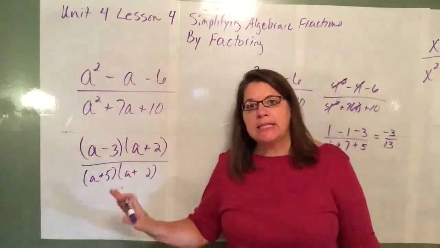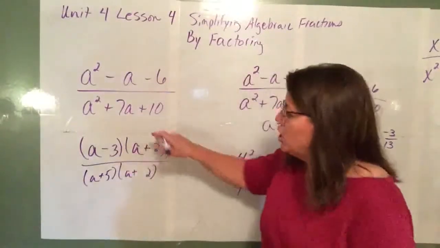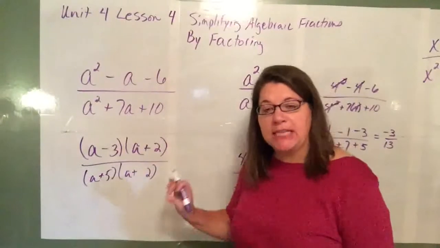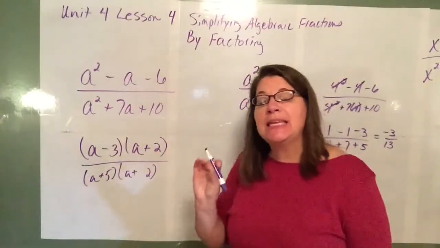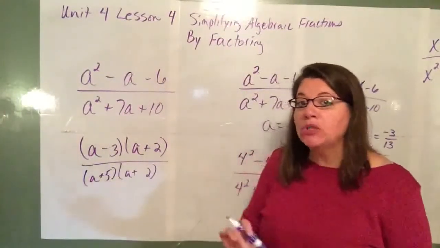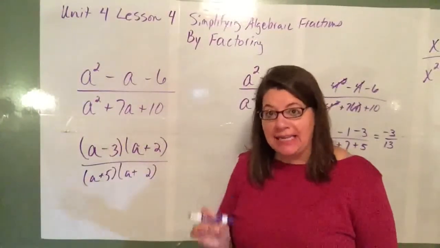At this point, this is where I can cancel common factors, okay? So you have 2 factors up here, you have 2 factors here. I am only allowed to cancel things that have addition and subtraction in them if I'm canceling the entire factor. And remember, factors are things that are multiplied together. Factors are never added together.